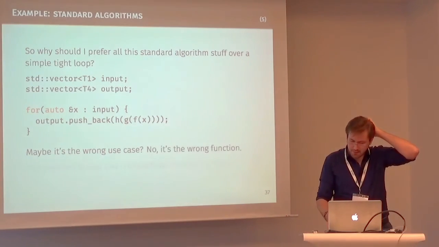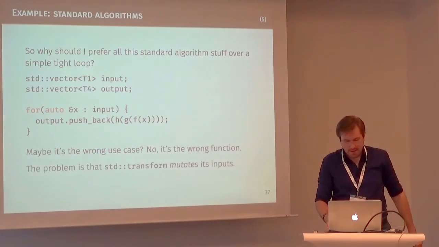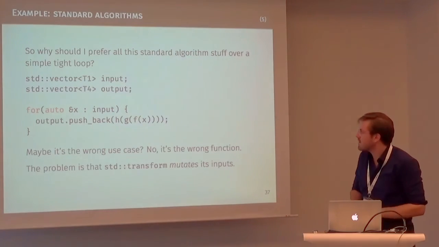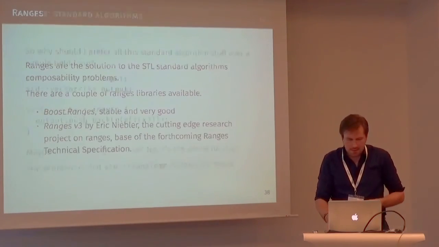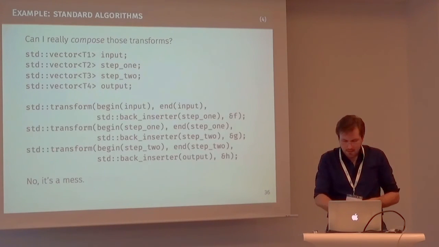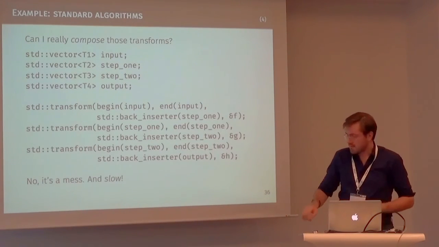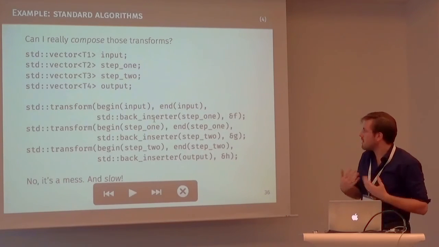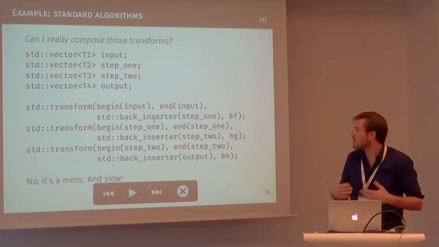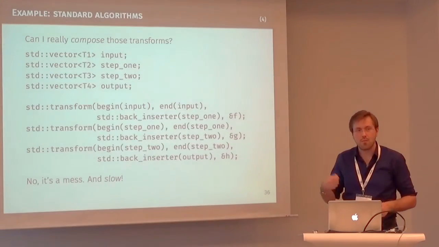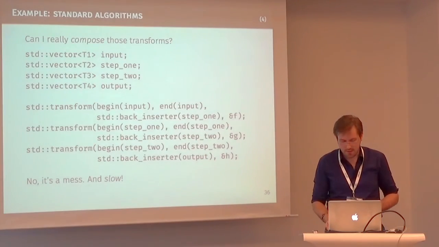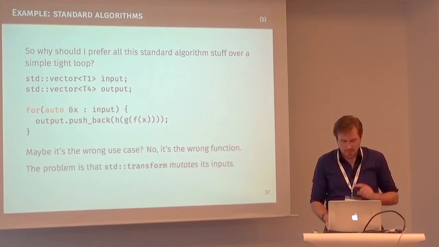No, it's the wrong function, okay? And the problem is that std::transform mutates its inputs. This parameter, the third parameter, is an output iterator, is the moral equivalent to the output by reference parameter, okay? The problem is here.